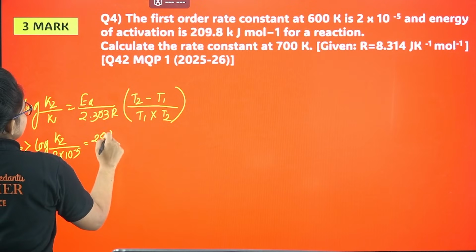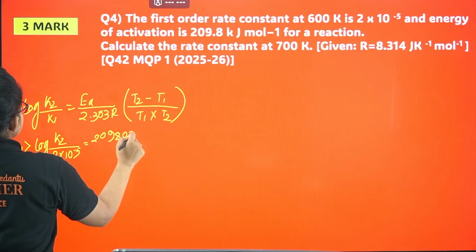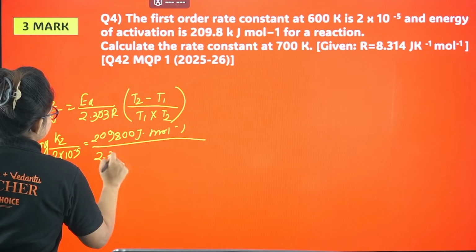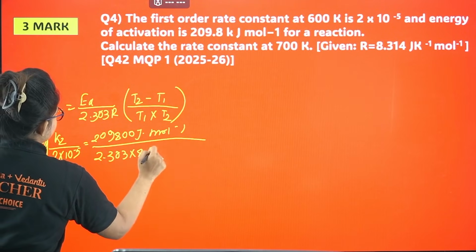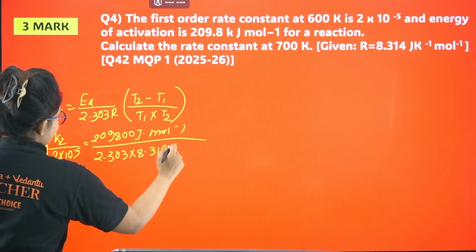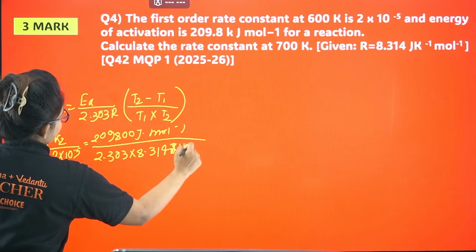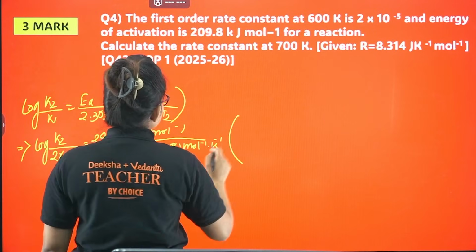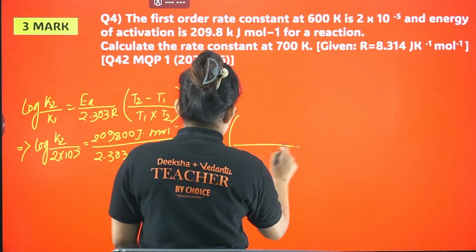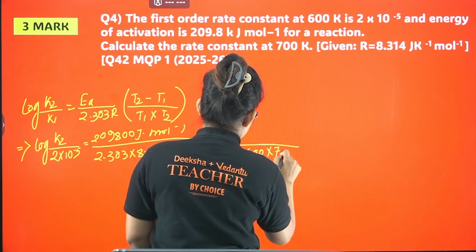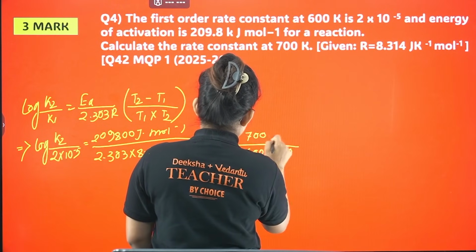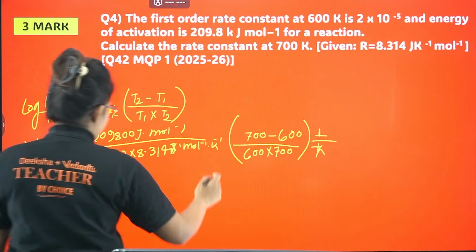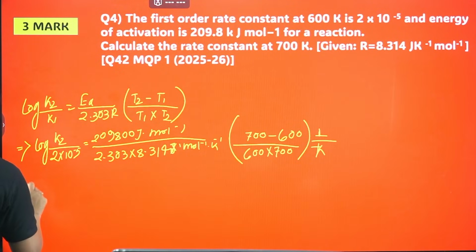So 209,800 joule per mole divided by 2.303 into 8.314 joule per mole per Kelvin, right, into T1 and T2 value if I put here 600 into 700, here 700 minus 600, 1 by K. So everything will be cancelled out here, you can see.